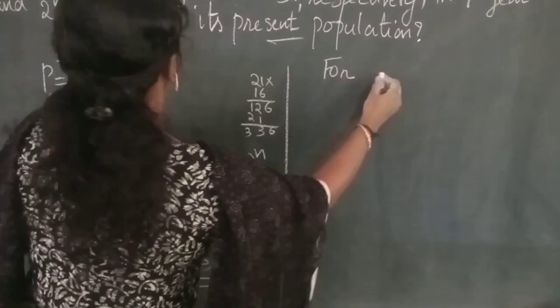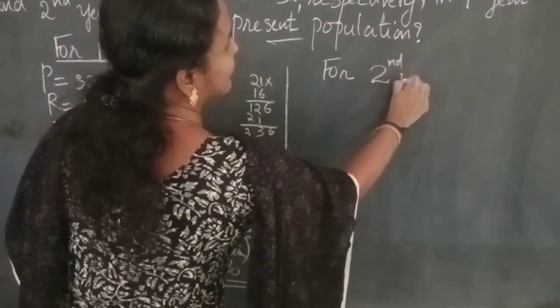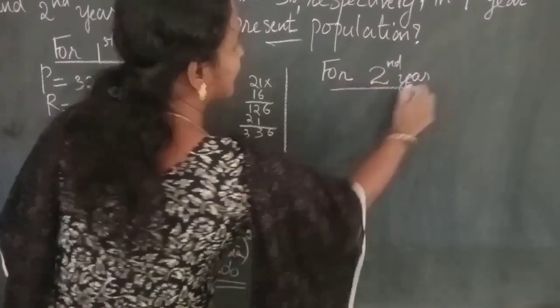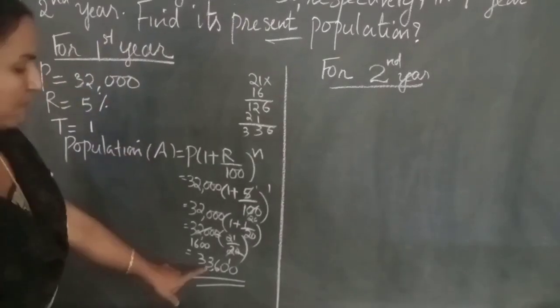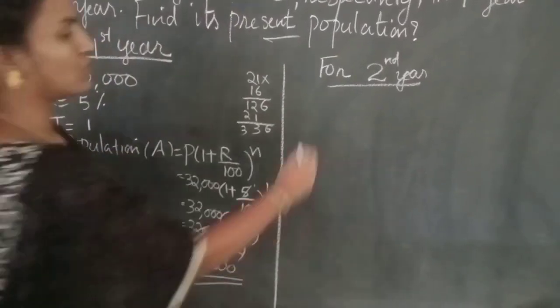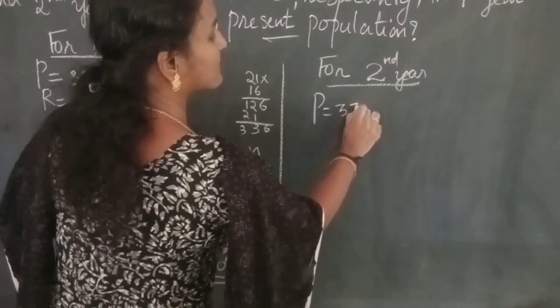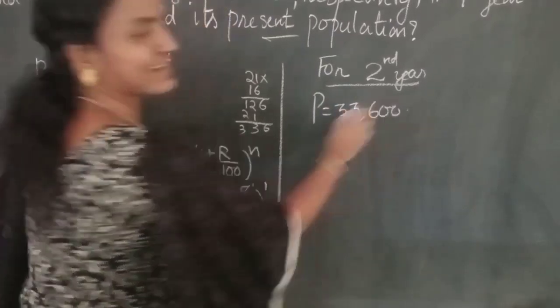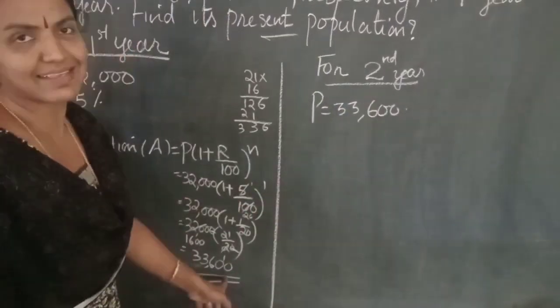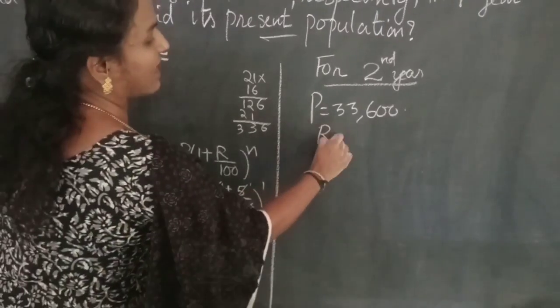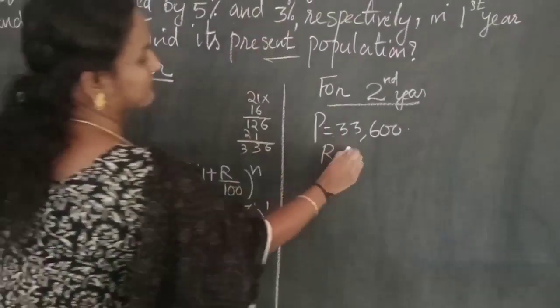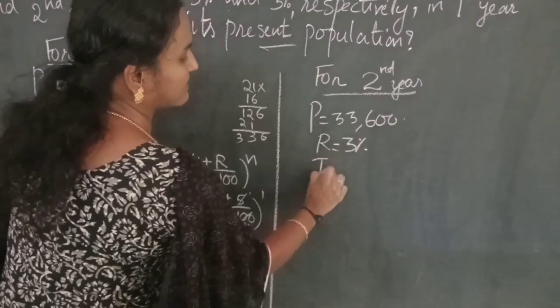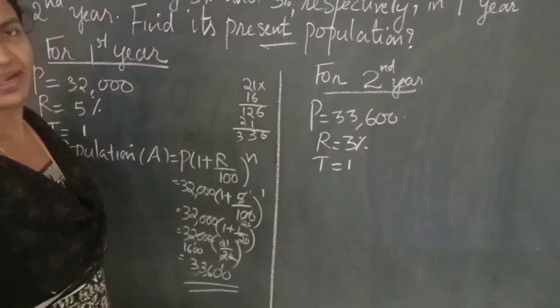Next, we have to find for second year. For second year, the population P is equal to 33,600 and the rate R is equal to 3% and the time T is equal to 1.